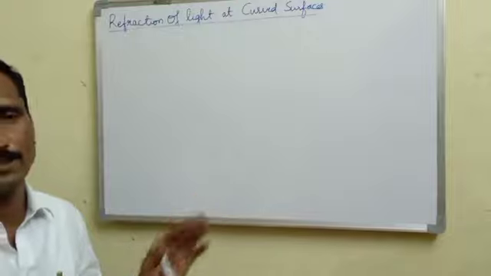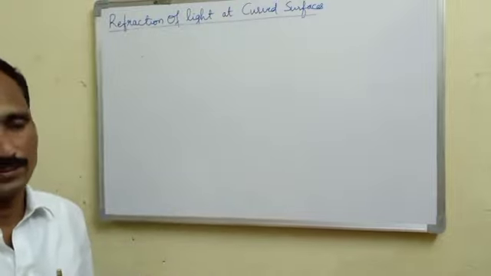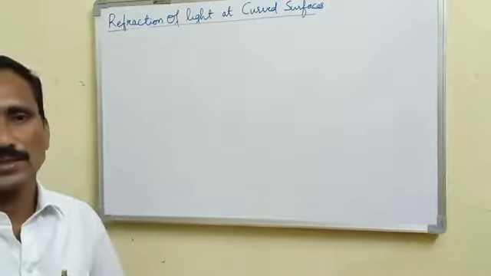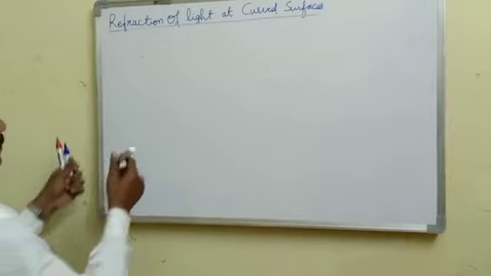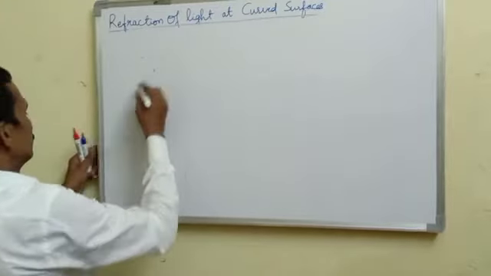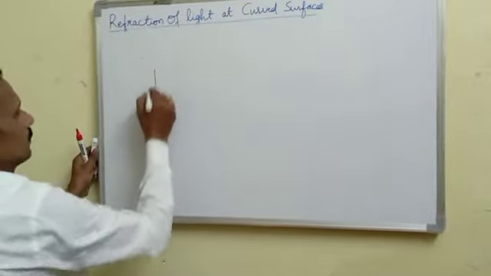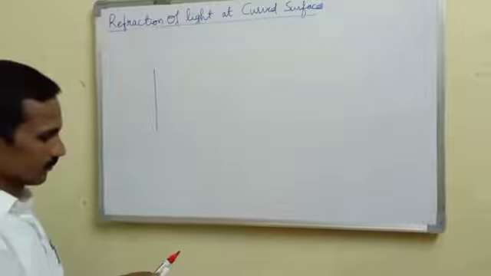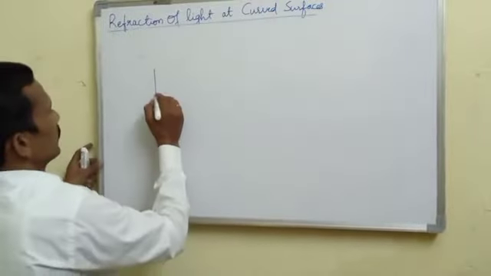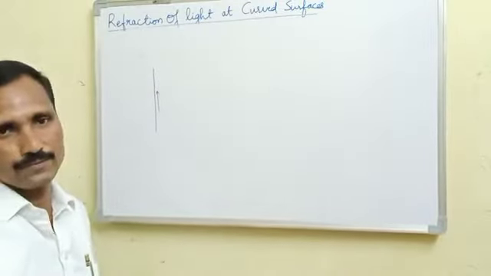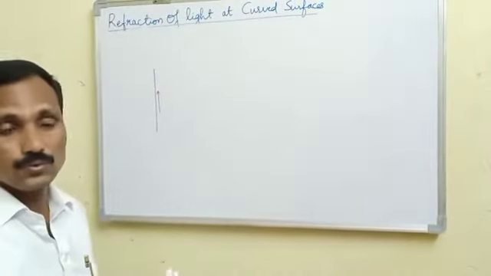Now this will help us to draw the ray diagrams of what we observed in our recent activity. Here it is a blackboard or paper. Here it is an arrow mark drawn in our activity. We observed it through a glass.